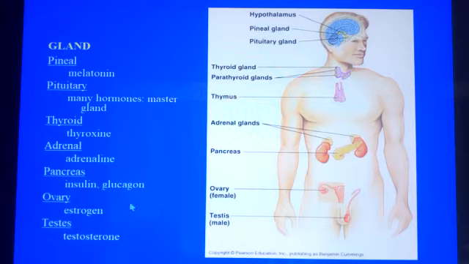Then the ovary producing estrogen hormones, and then the testes that produce testosterone. Remember, both of them are found in the reproductive sex organs, that is ovary for the females and the testes for the males. And again, one particular thing about this is that they only produce hormones at puberty, that is from the onset of puberty.